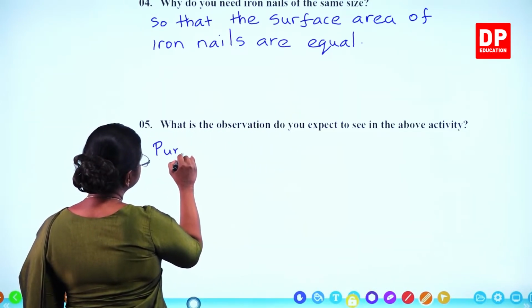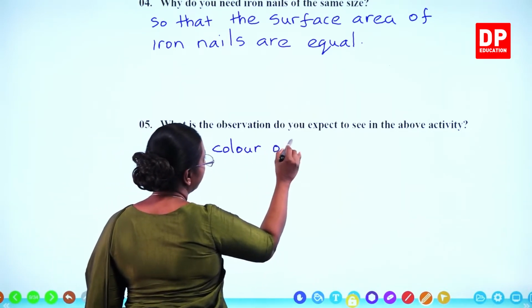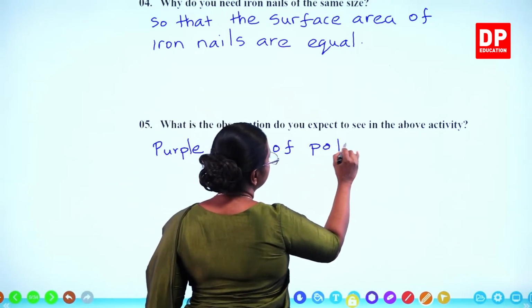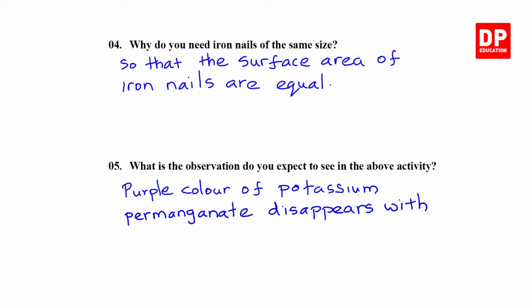Purple color of potassium permanganate disappears with time.